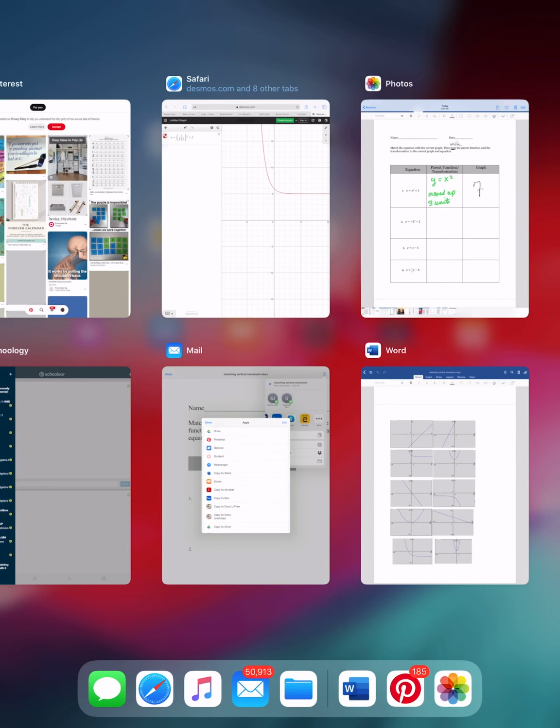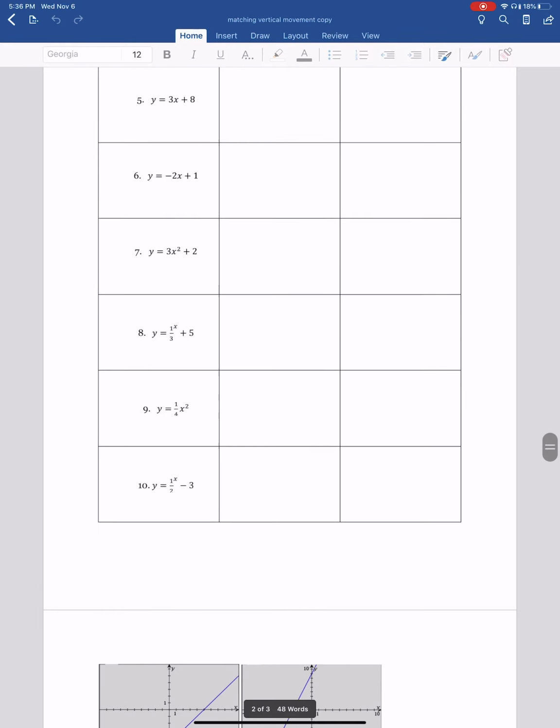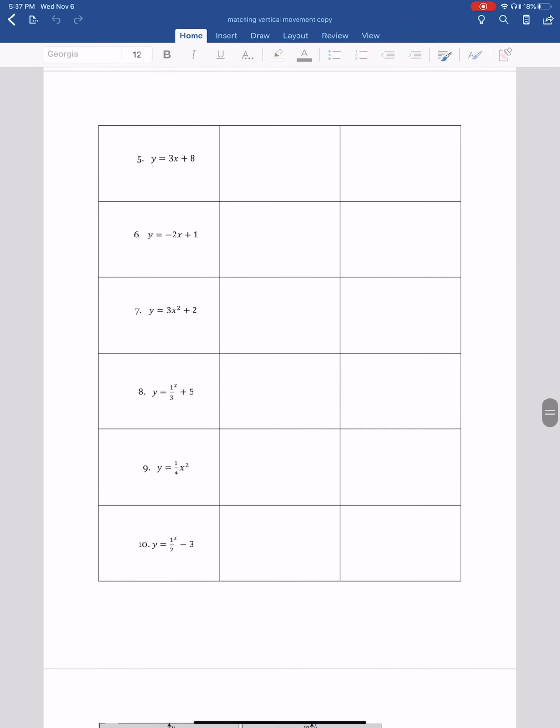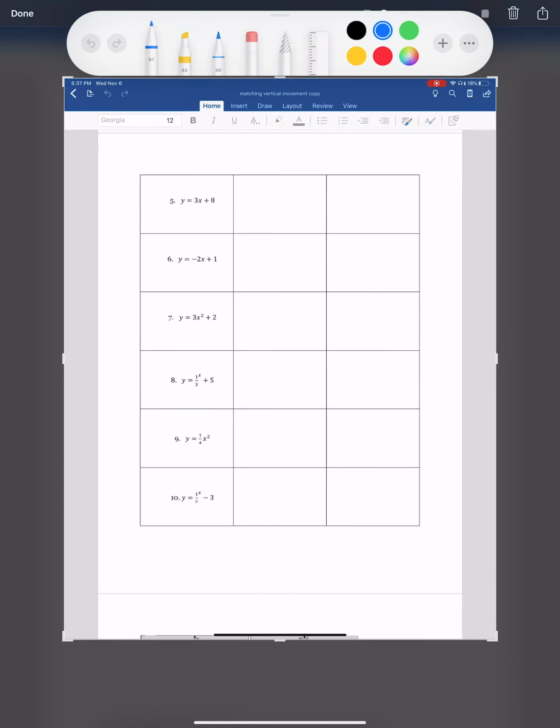All right, so let's go back to the Word document. I'll take a picture of this. And we know that 2 is the graph. Now they want to know the parent function. So these are exponential functions.